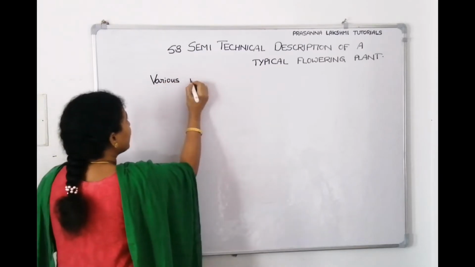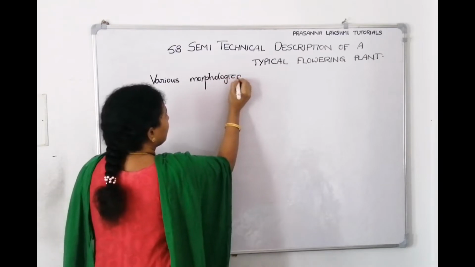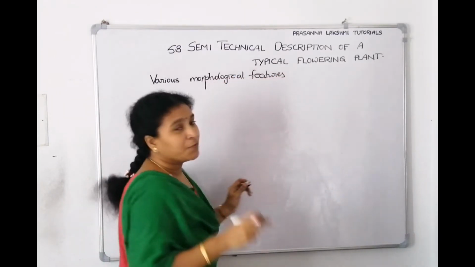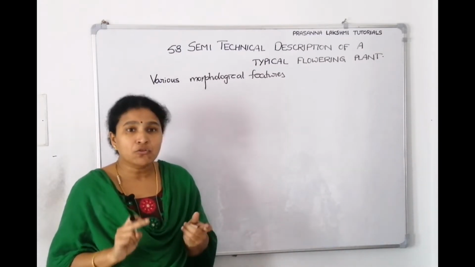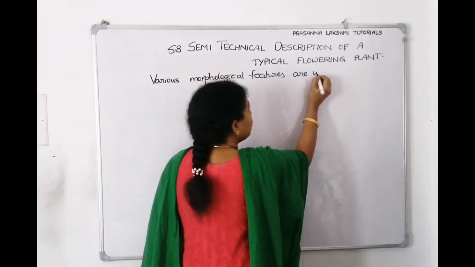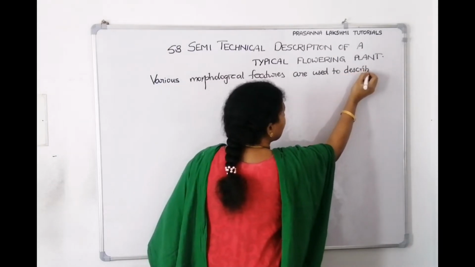We can write that various morphological features of the plant, they are root, stem, leaf, flower, are used to describe a flowering plant.